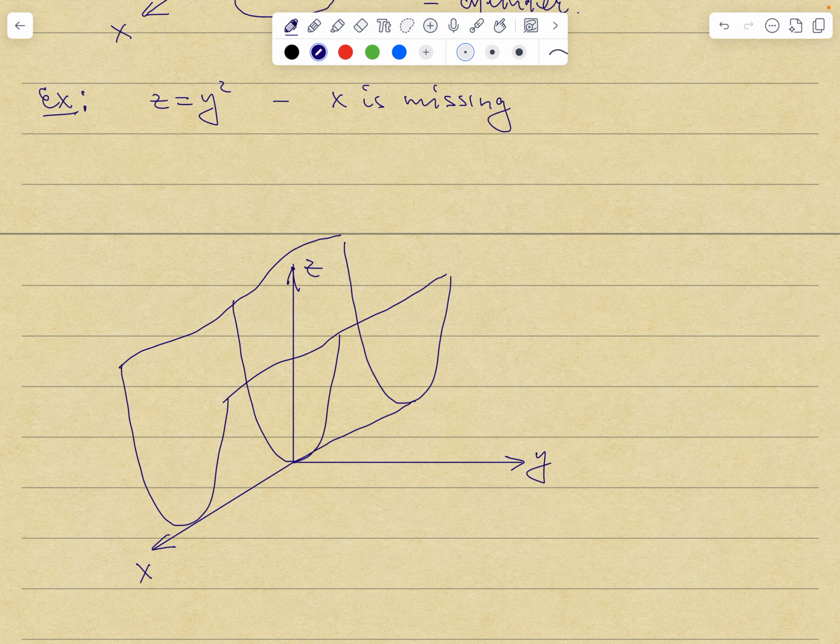So this is a parabolic surface. So no matter what the graph is from which the variable is missing, the outcome is some sort of a parabolic surface.